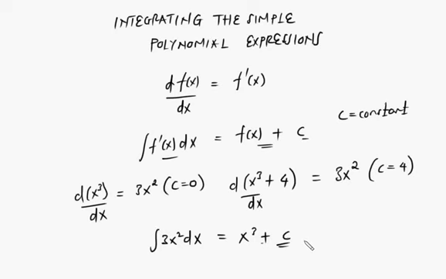Now, remember the concept of differentiation. We said if y is equal, let's say, to x power k, and you differentiate this y with respect to x, you get k x power k minus 1.